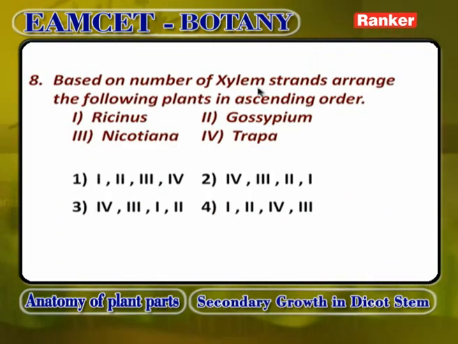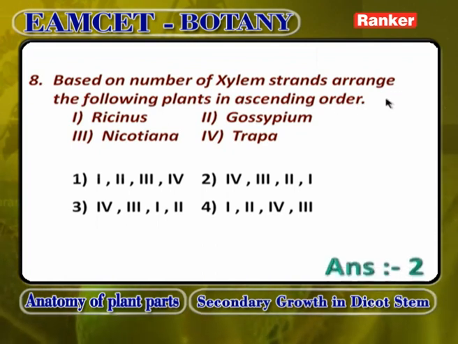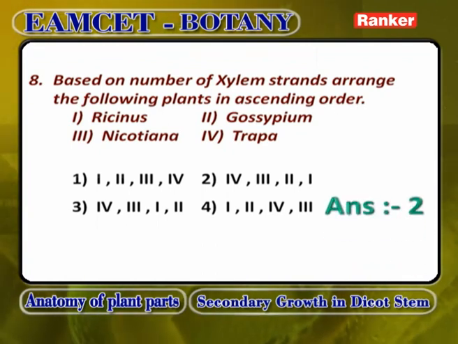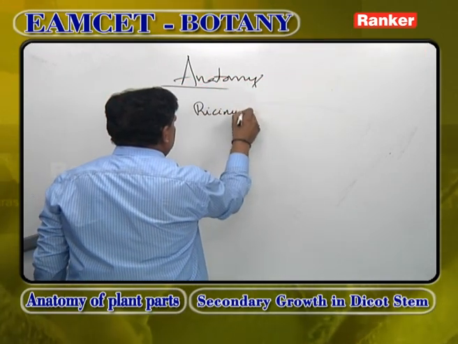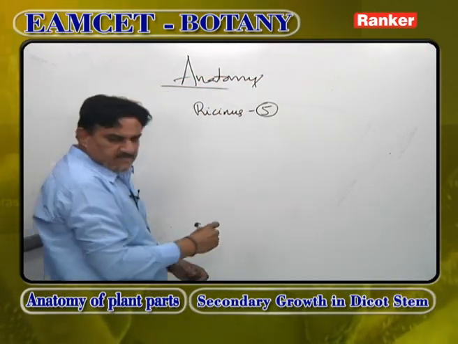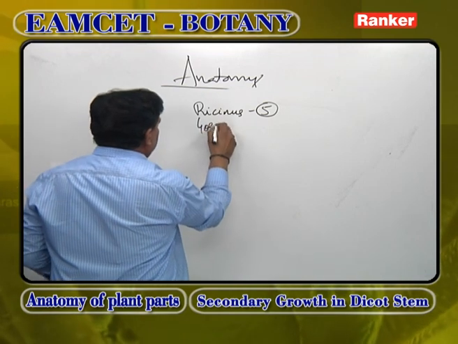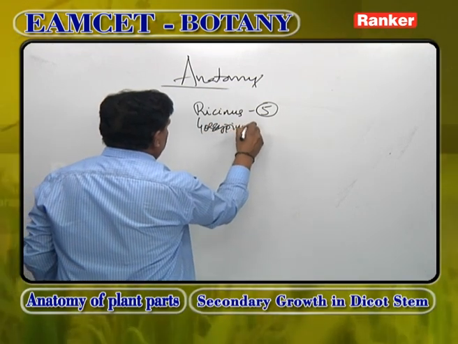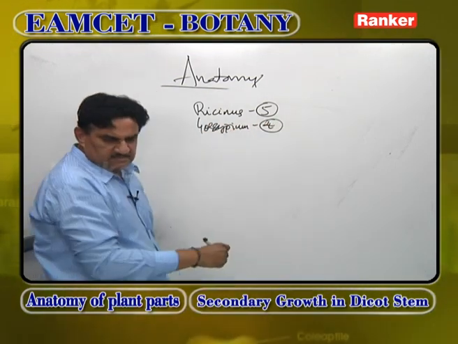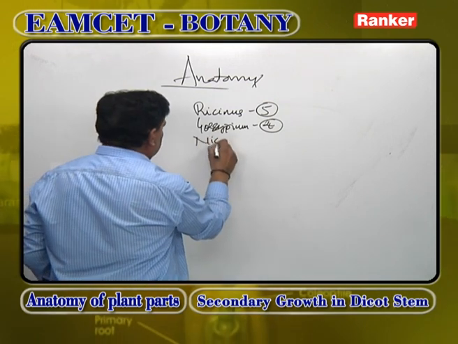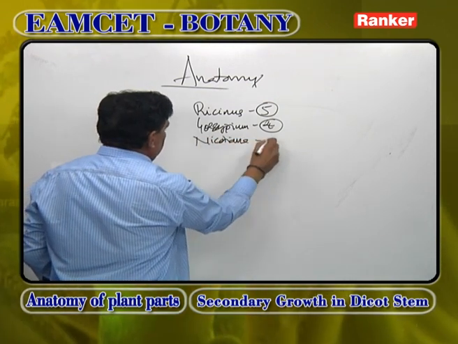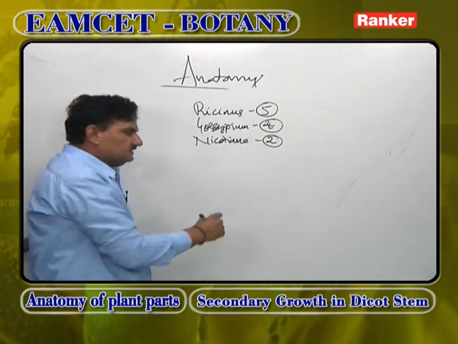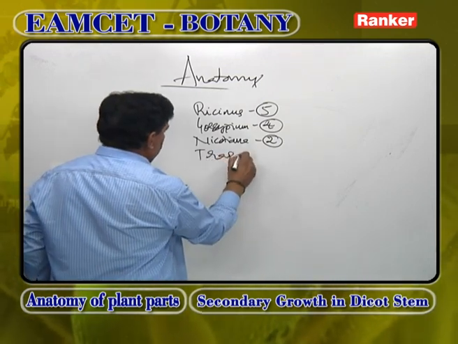Based on the number of xylem strands, arrange the following plants in ascending order. Ricinus has 5 strands, pentarch and exarch. Gossypium has 4 strands. Nicotiana has 2 and Trapa has 1.